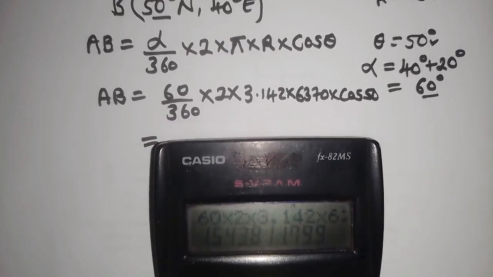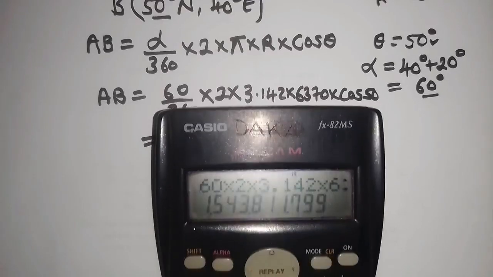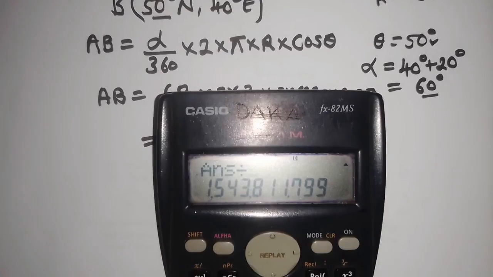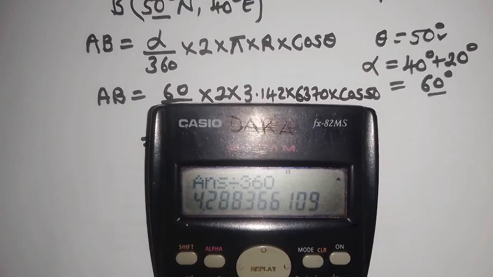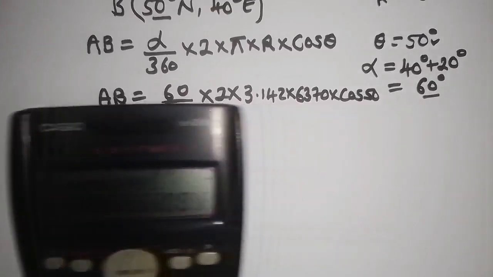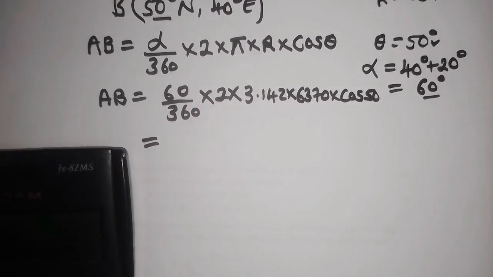As you can see, there is a number here which is 360. So you divide by 360. And then the answer that you get is 4288.366109. So I want you to just copy the entire number.